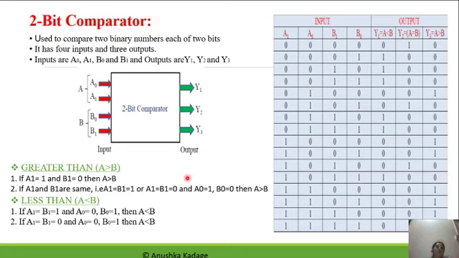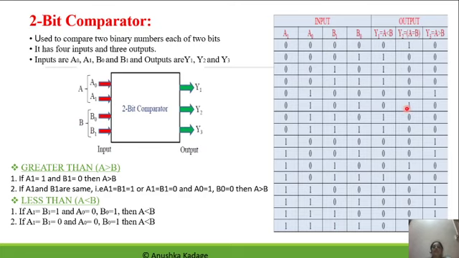So in short, we can comment that if both the bits are equal, then only the output A equal to B will be generated with 1. Let's check here the situation. Here A equal to B is presented when both the bits are 0, 0.